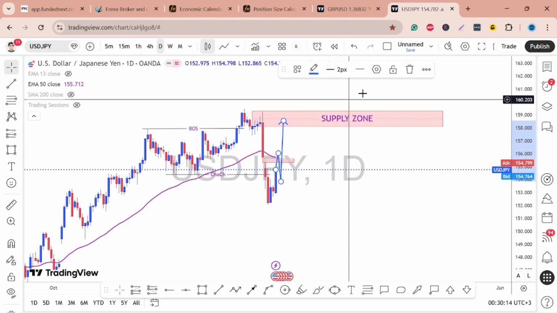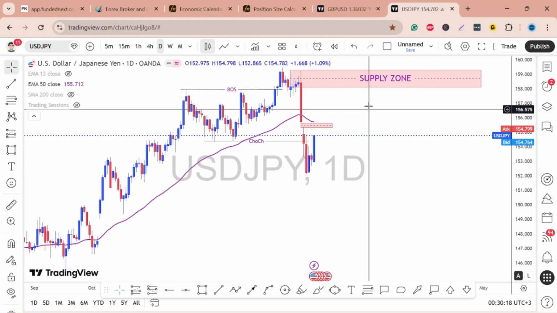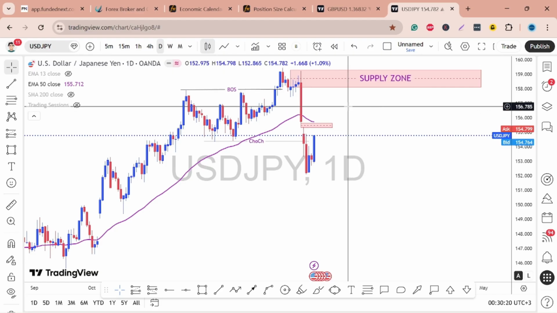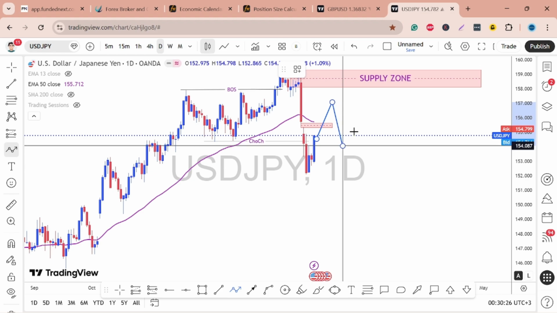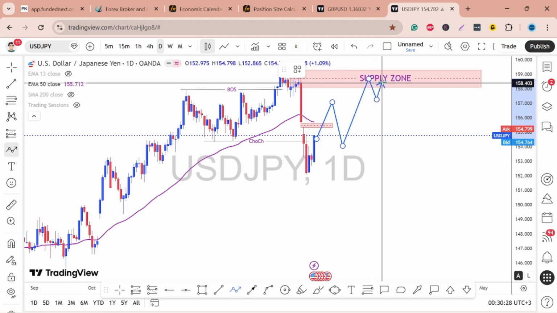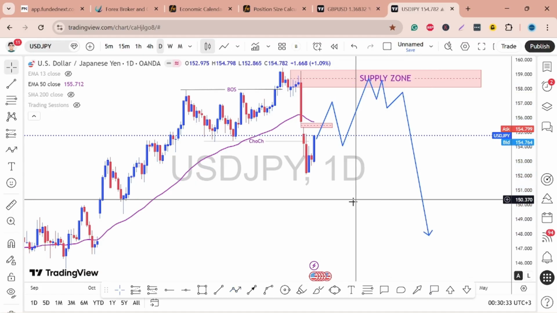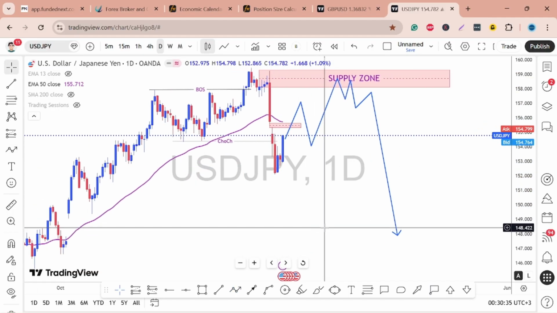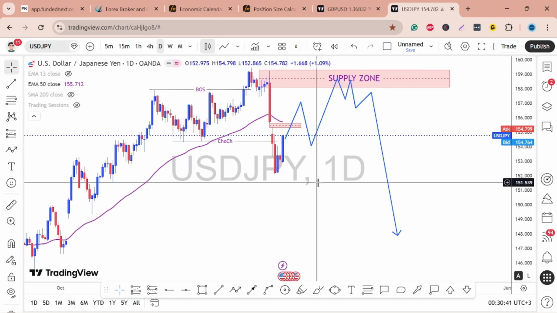So for USD JPY, we might be making that pullback until the extreme supply zone. Then we'll be looking for shorts from this level here. Of course we might have a pullback before you get to this place. So this is USD JPY, and this should be your point of interest.